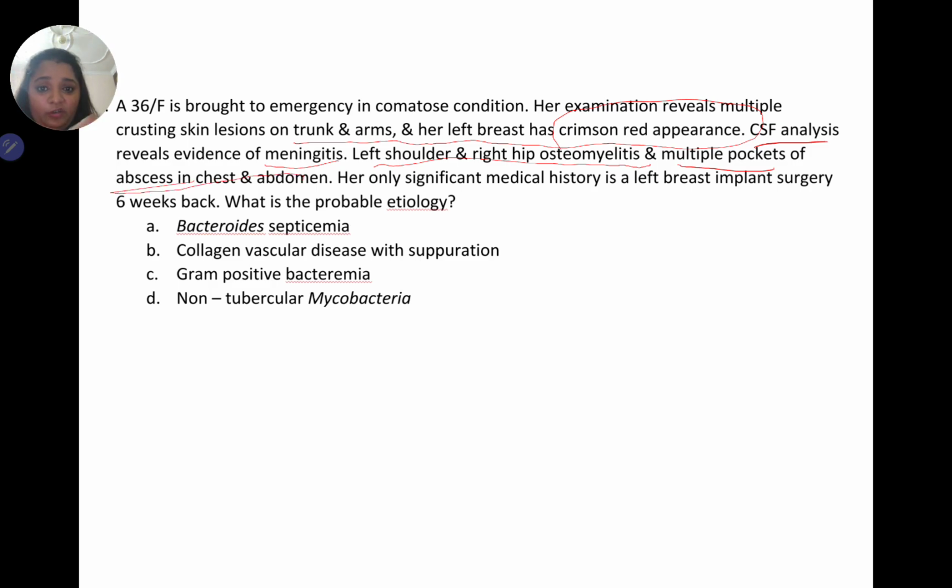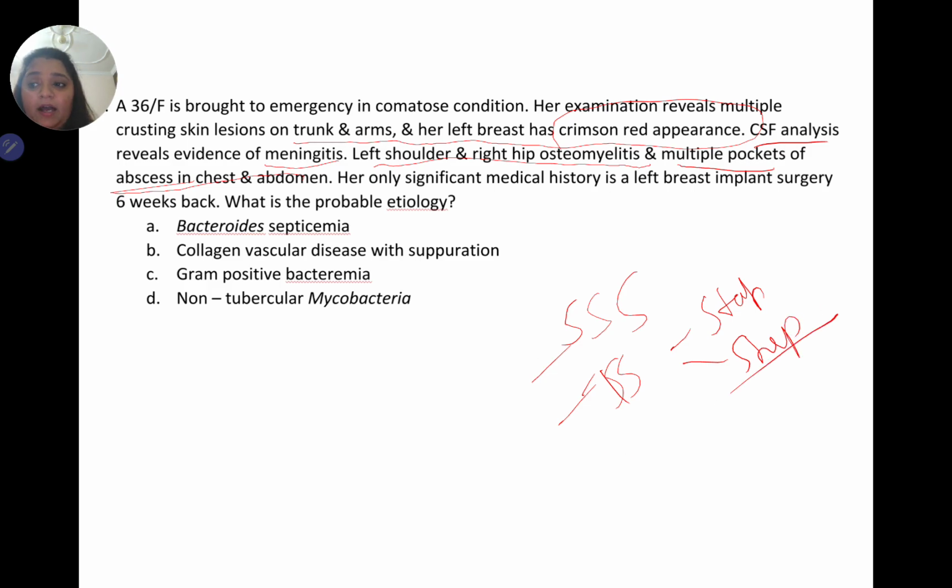So till here, you could think this patient is a case of staphylococcal scalded skin syndrome, or TSS, or secondary to staph or strep, mostly gram positive bacteremia, having so many abscesses, osteomyelitis, widespread infection including meningitis.